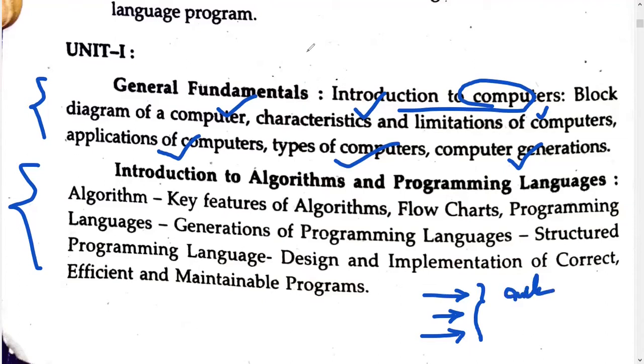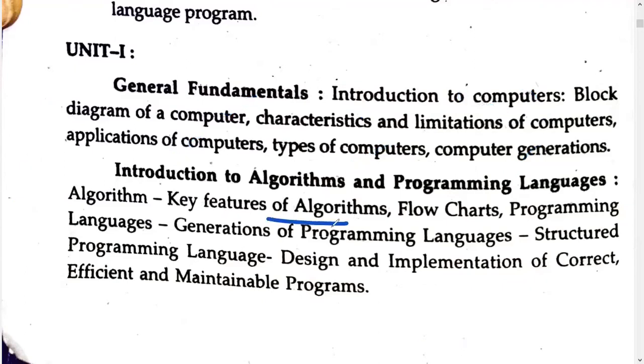So in algorithms, the key features of algorithms, algorithm flowcharts, programming languages, generations of programming languages, structured programming language, design and implementation of correct, efficient, and maintainable programs. And we will see.